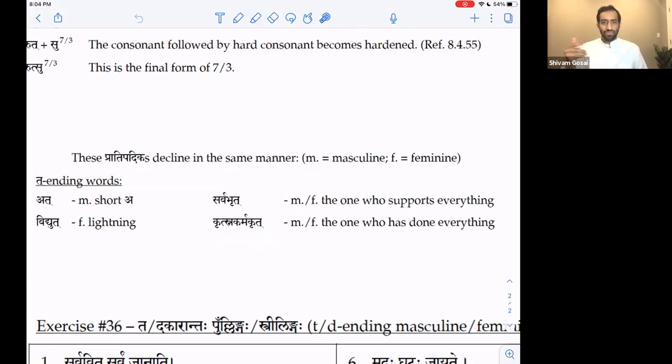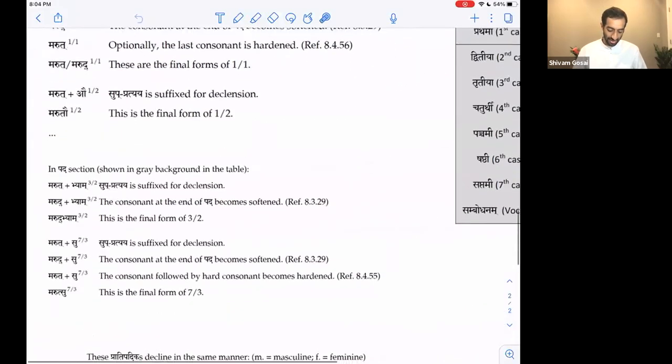So what I would suggest for homework is to make the declension charts with these. Kritsna Karma Krit might be a bit too long, so up to you if you want to do that one. But I would definitely suggest making a declension chart just like this.